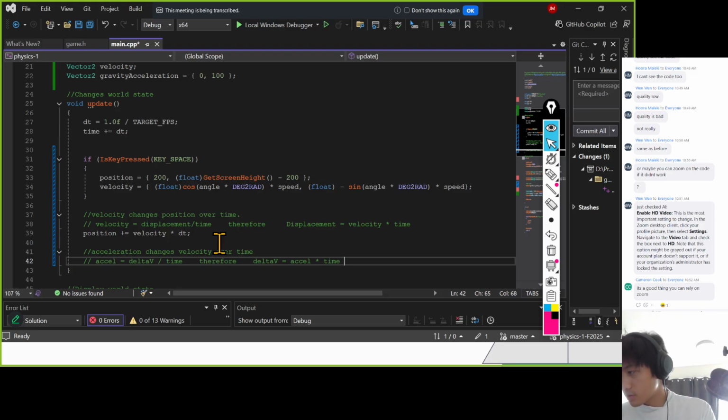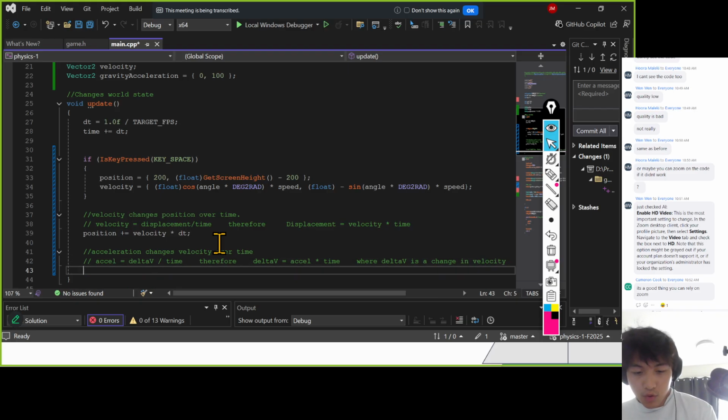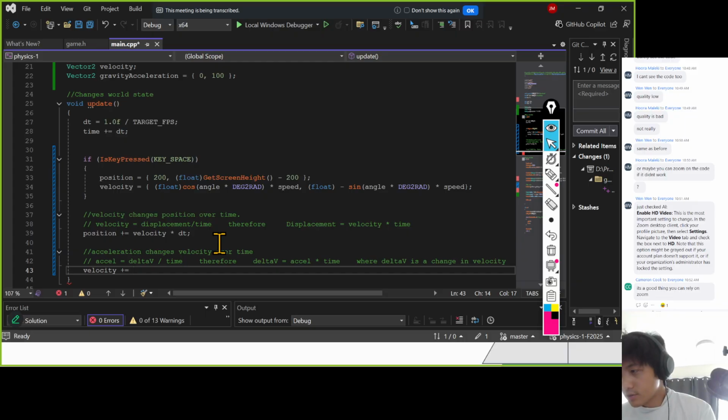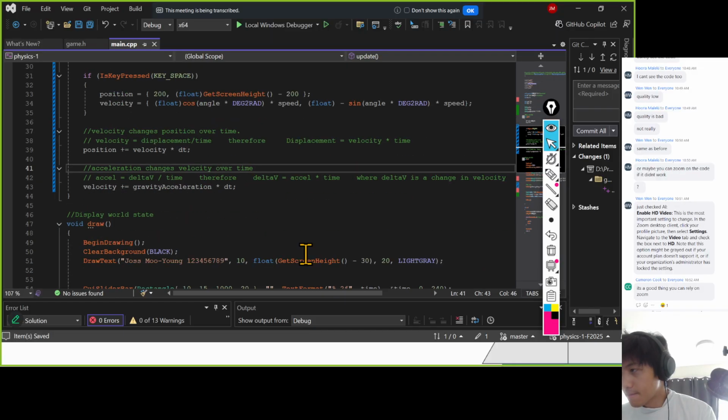Where delta v is a change in velocity. Okay, so all we have to do is velocity plus equals acceleration due to gravity times delta time. Every frame. I'm doing this in an update function here. So velocity is constantly changing.